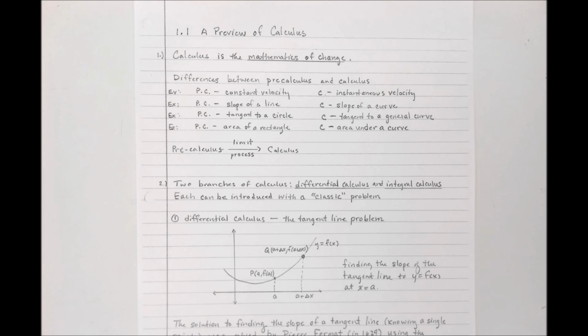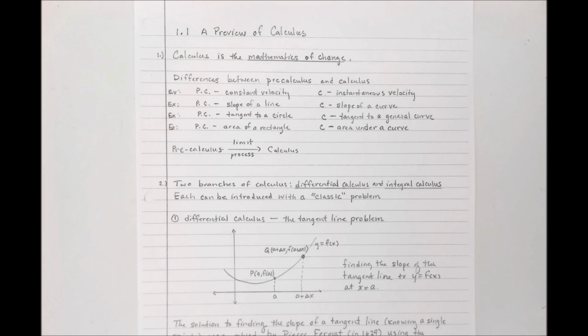Speaking of tangent line, in pre-calculus we have a tangent to a circle, and of course that's the line that is perpendicular to the radius drawn on that circle to the point of tangency. In calculus, we talk about the tangent of a general curve. The last one is a little different.